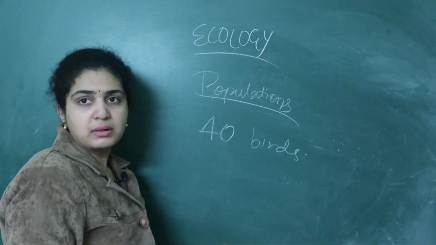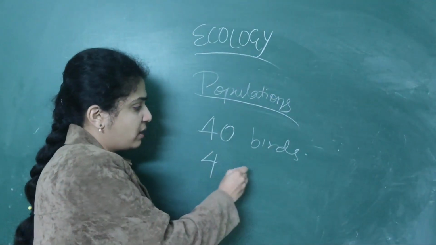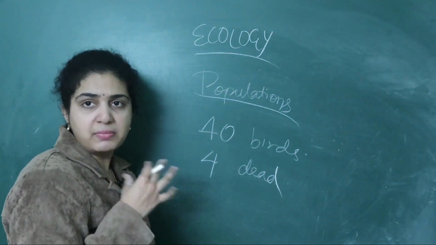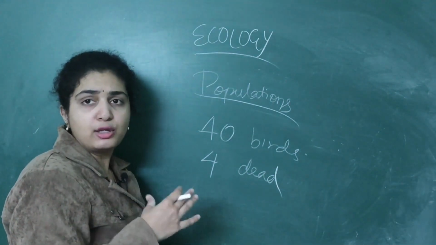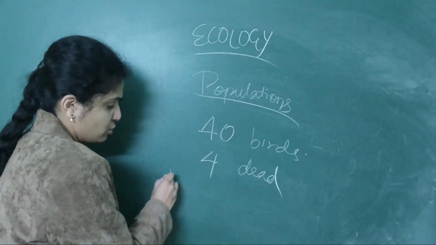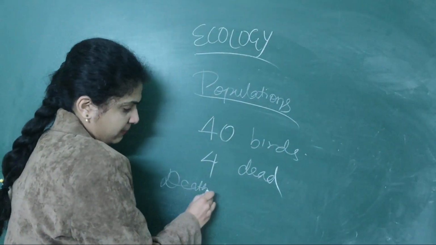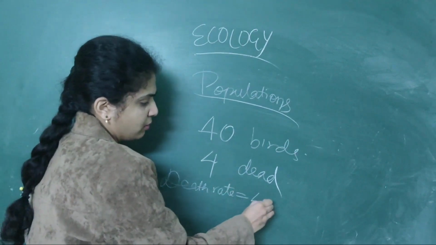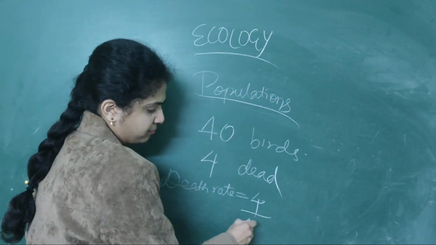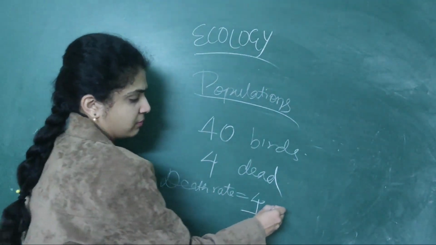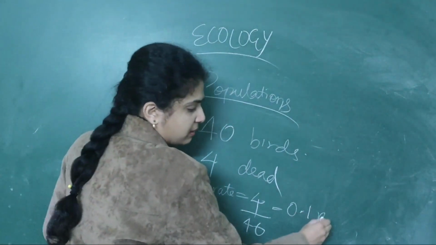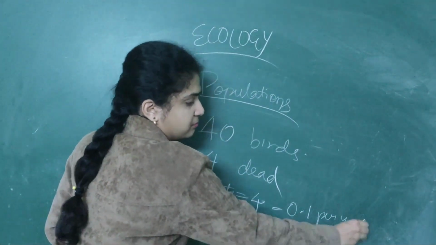Out of 40 birds, 4 birds died due to some disease. So how do you calculate the death rate? You give it as 4 by 40. It is 0.1 per year.